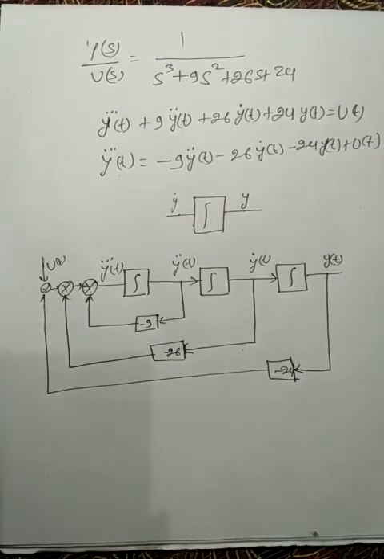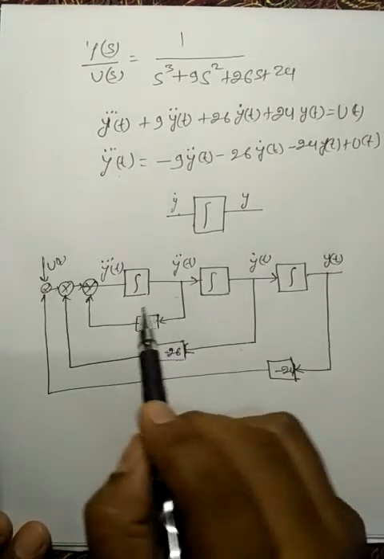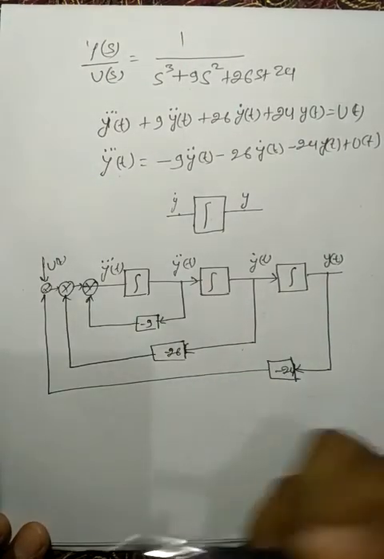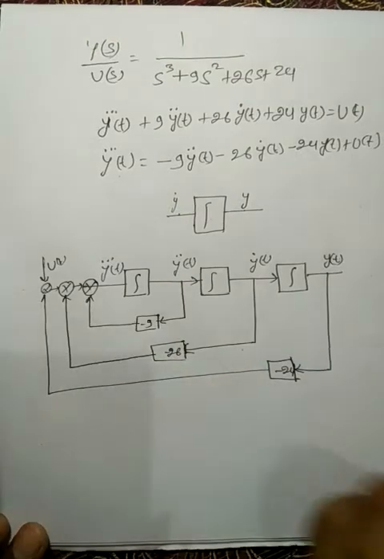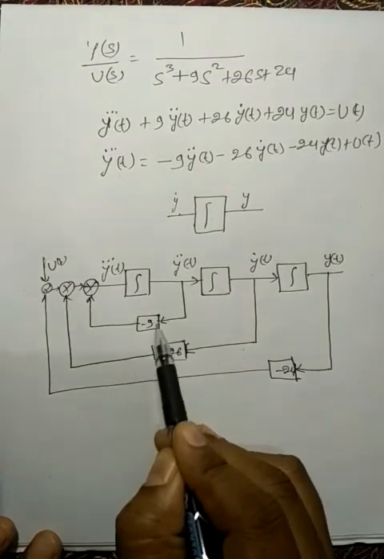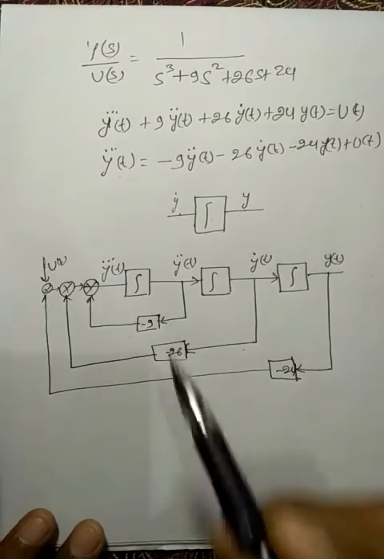And now if I want to draw the state variable diagram, state diagram, then nothing I have to do, just take Laplace of this diagram and remove this block from an arrow and put a transmittance on that arrow, right?